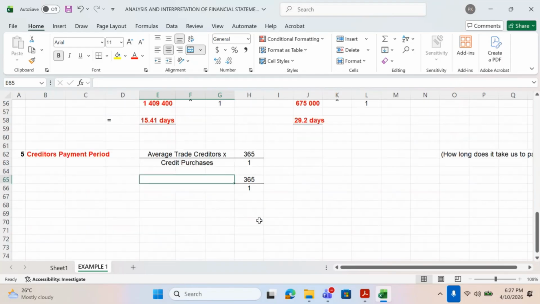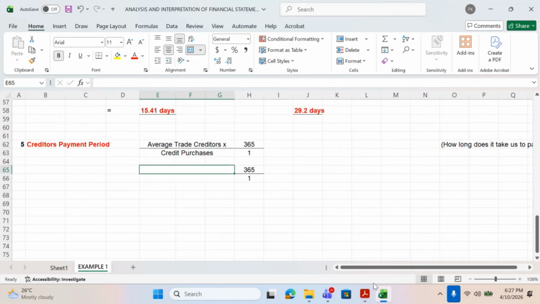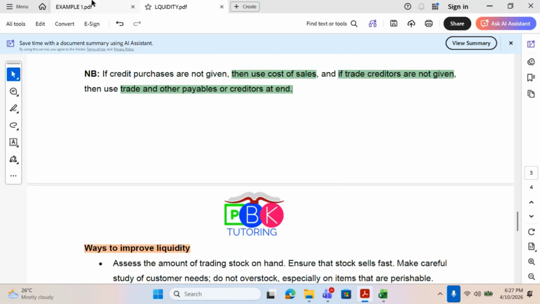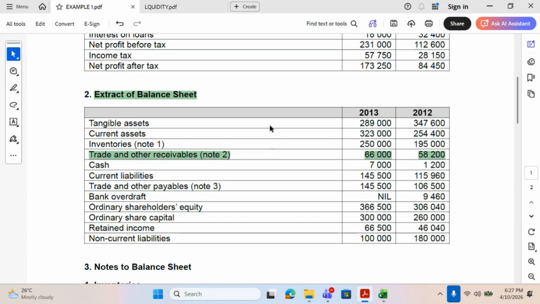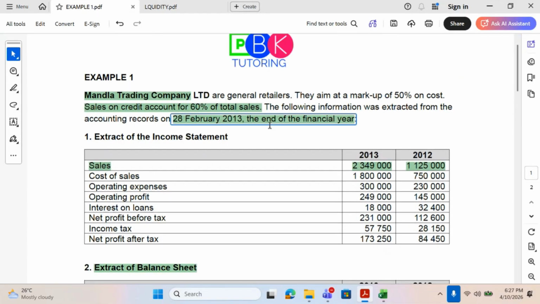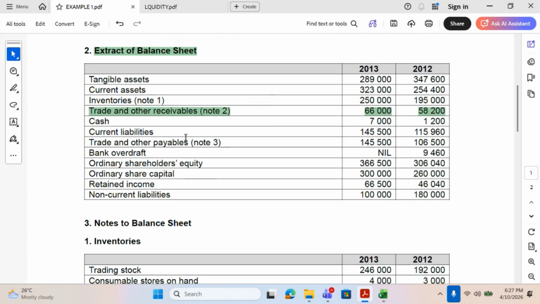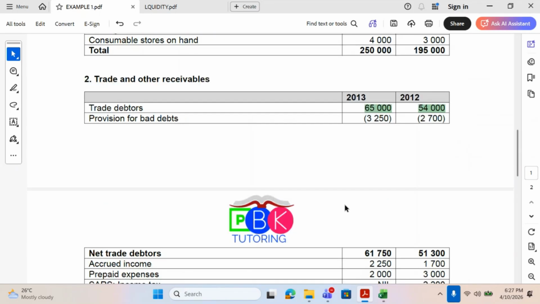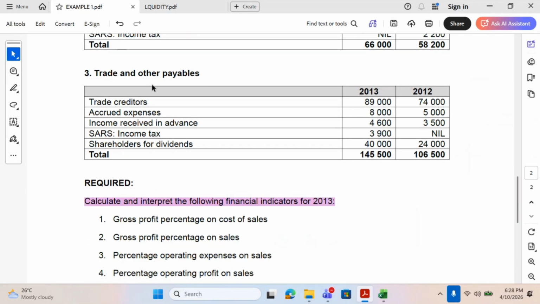Now, average trade creditors, let's go and check if we are able to get it from our question. Here, where are our creditors? Trade and other payables, note number 3. They're saying we must go to note number 3 to see if we have our trade creditors. Note number 3, there are trade creditors there.